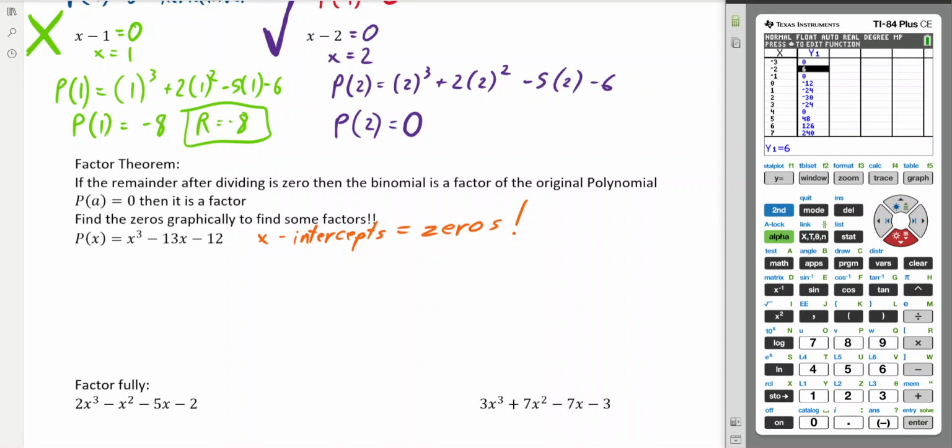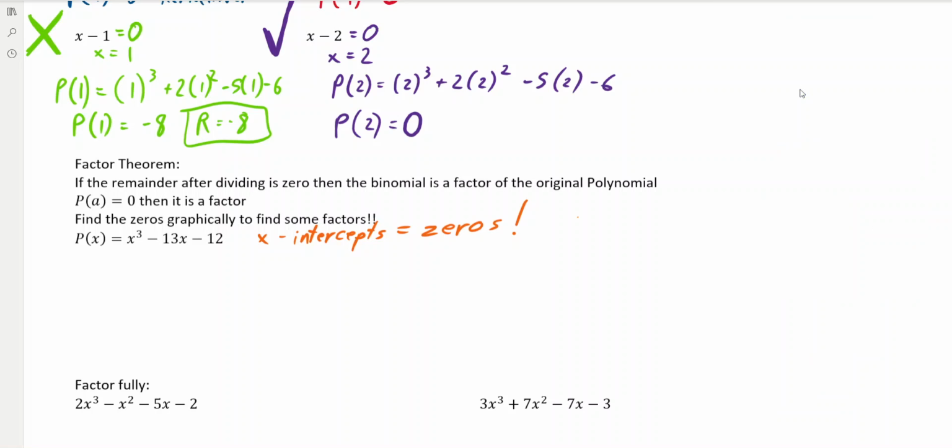Okay, so in this case we have x is negative 3, we have x is negative 1, and we have x is positive 4. So x is negative 3, negative 1, positive 4.